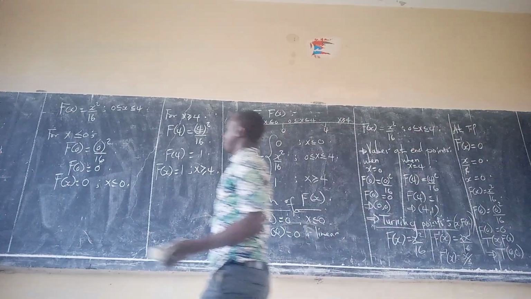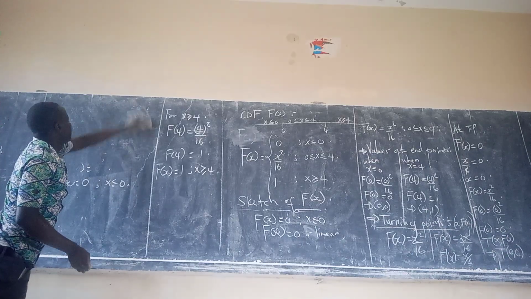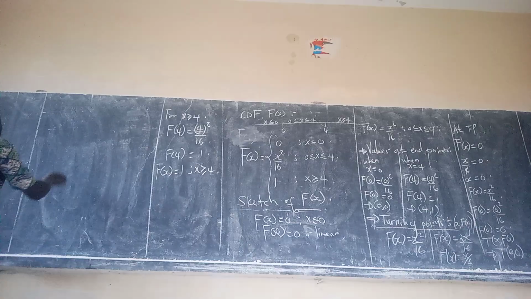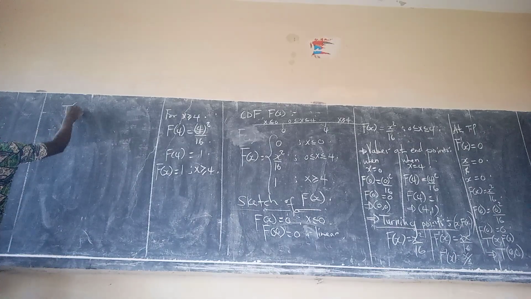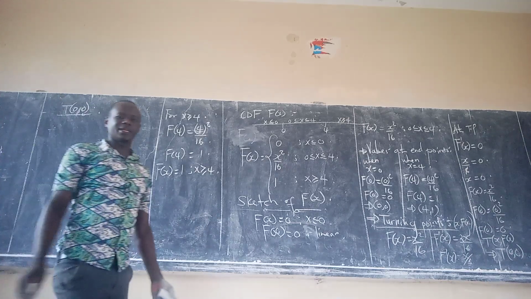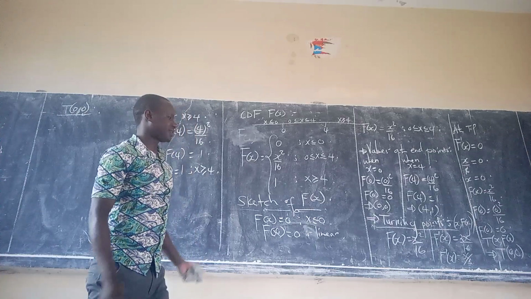So that's the nonlinear CDF. My turning point is (0, 0). Now I need the nature of that turning point, having obtained it using the first derivative.